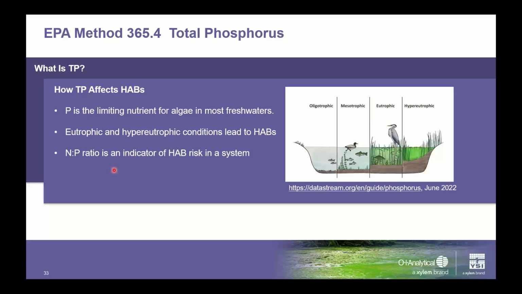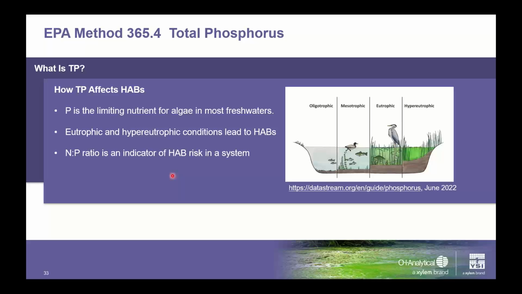Phosphorus, as I mentioned, is the limiting nutrient for algae in most freshwaters. And so for many, many years, we just focused on phosphorus. But Hans Paerl and a lot of the other leading scientists in this area of study have noted that nitrogen matters as well.